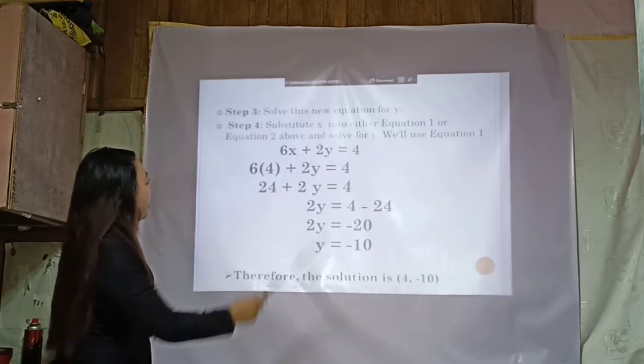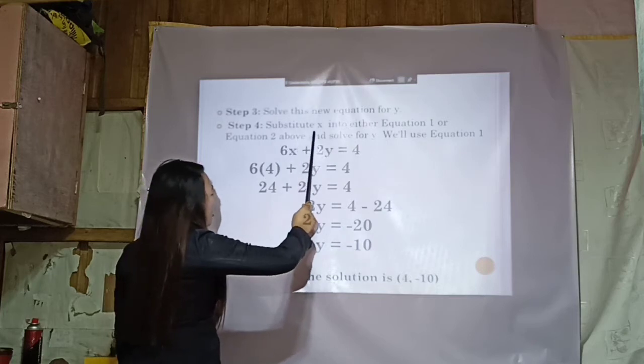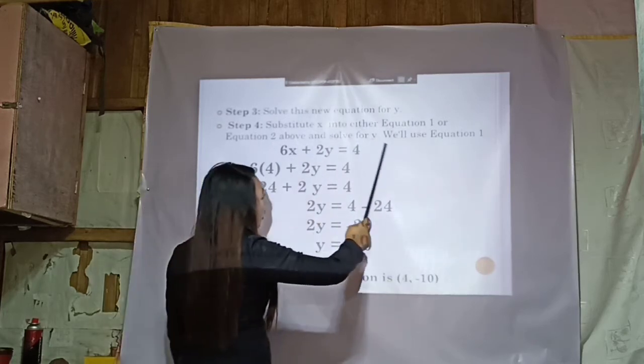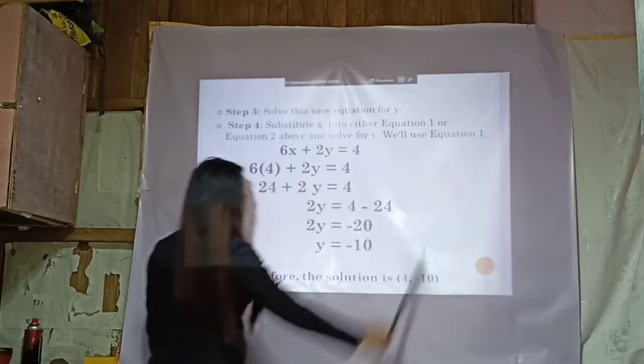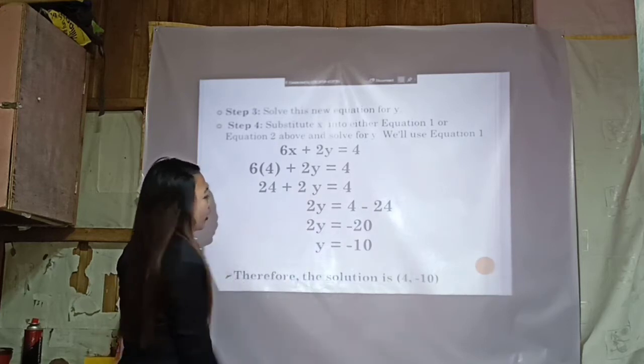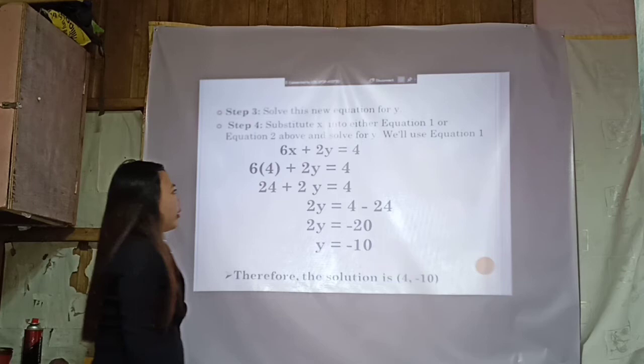Next is step 4. Solve the new equation for y. Substitute x into either equation 1 or equation 2 above and solve for y. Let's use equation 1 to find the value of y.